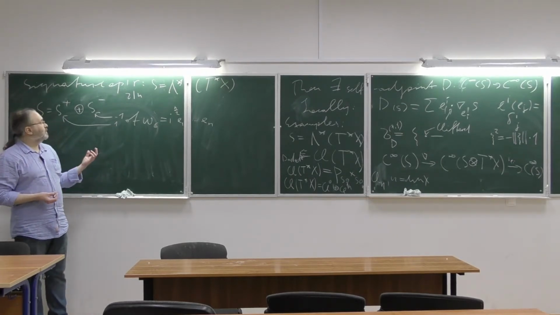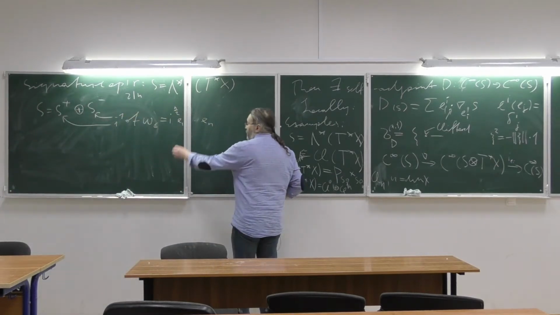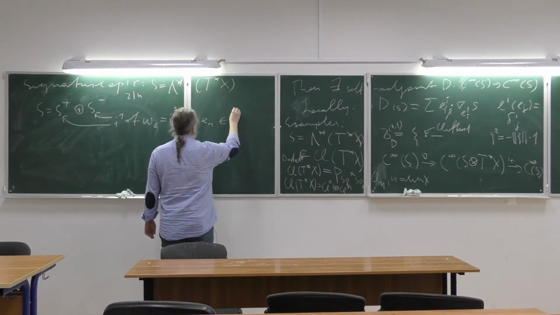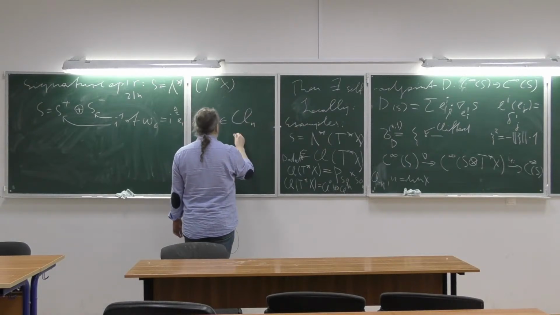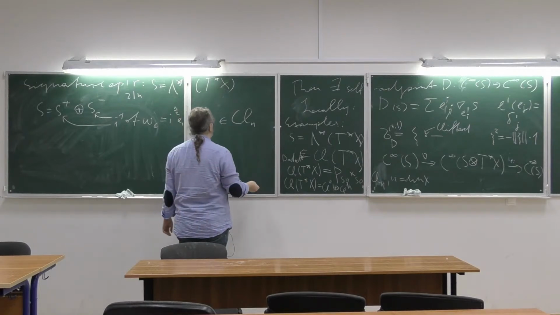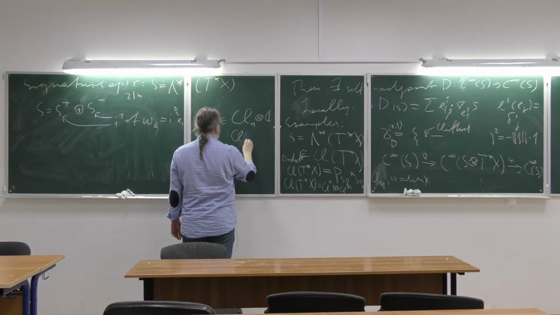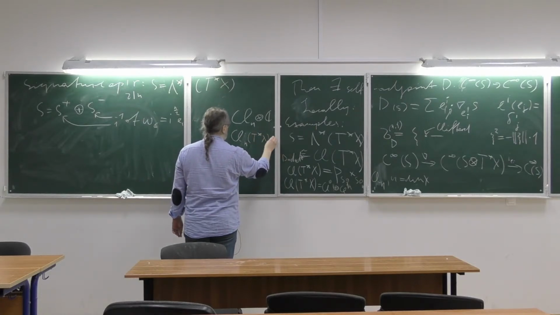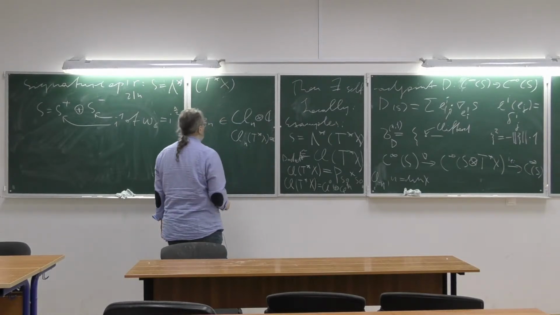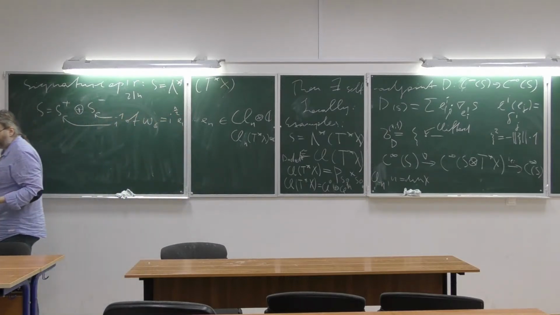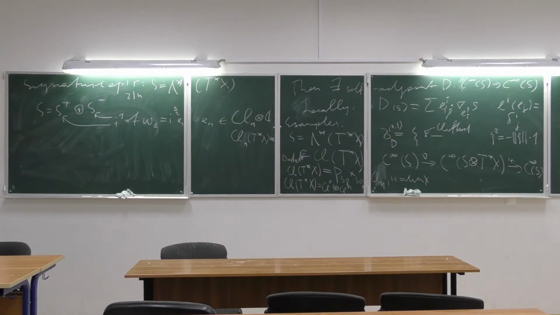Then we have the complex volume form, which we could view as an element of Cl times C, or we could view it as a parallel section of this bundle. So we get the same bundle, a different splitting.